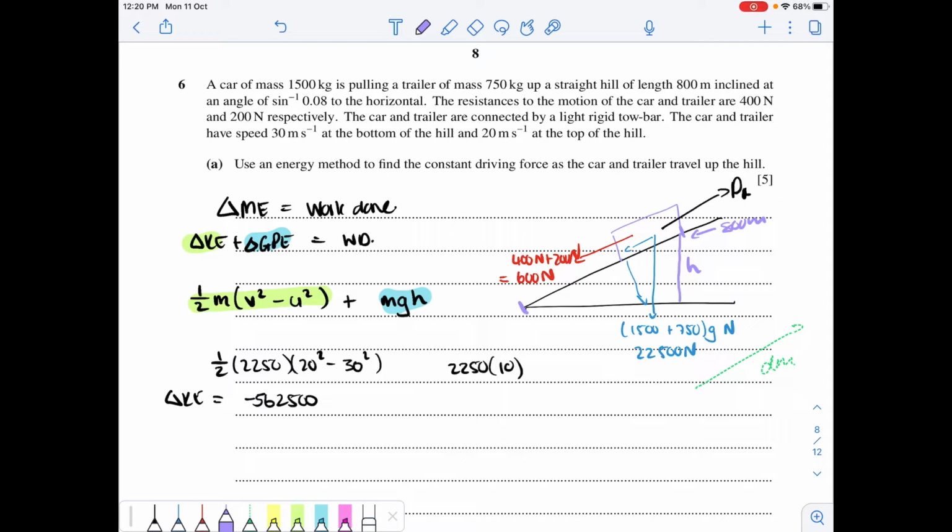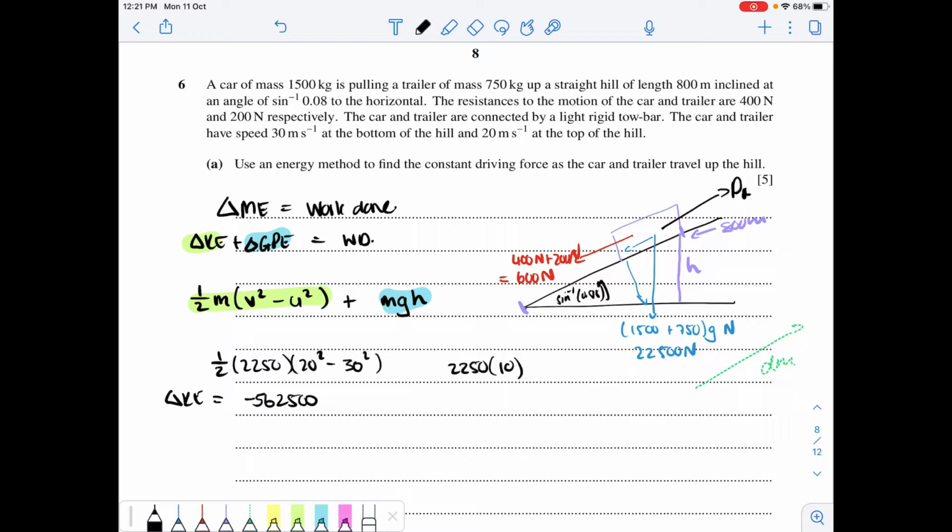Because we know the angle, we were told this angle of inclination is sine inverse 0.08, we're going to use sine now. Sine of sine inverse of 0.08 is just 0.08. So what is the height? If we look at the height, it is the opposite side of that triangle.